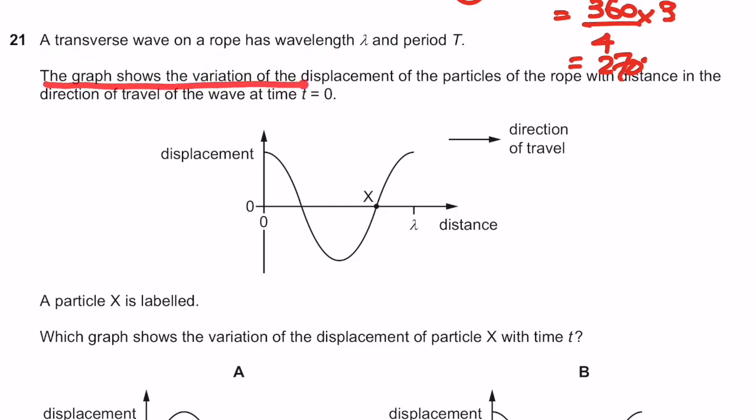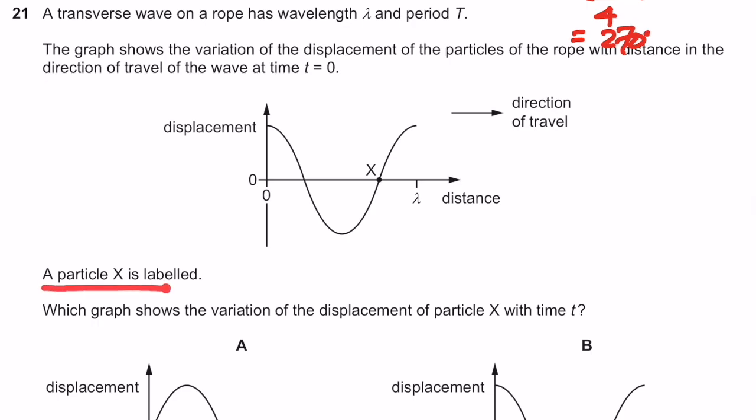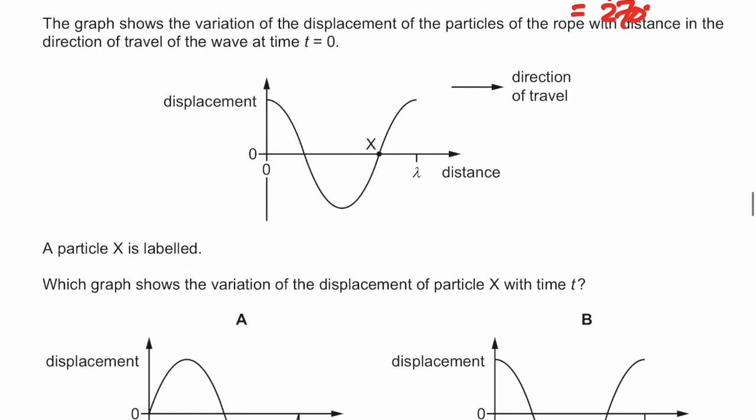A transverse wave on a rope has wavelength lambda and period T. The graph shows the variation of the displacement of the particles of the rope with distance in the direction of travel of the wave at t equals 0. The particle X is labeled. Which graph shows the variation of the displacement of particle X with time? We understand this type of oscillation has interesting graphs, like sinusoidal graphs, right?